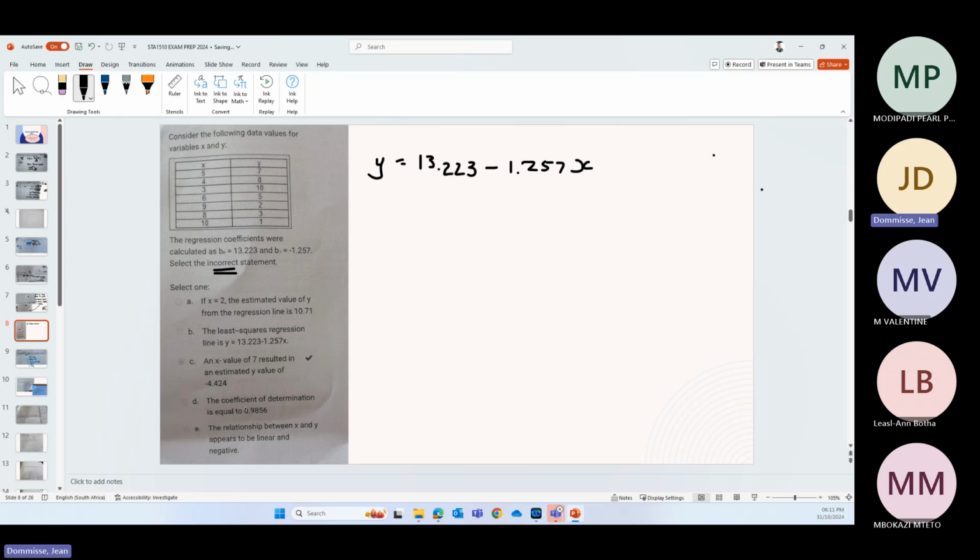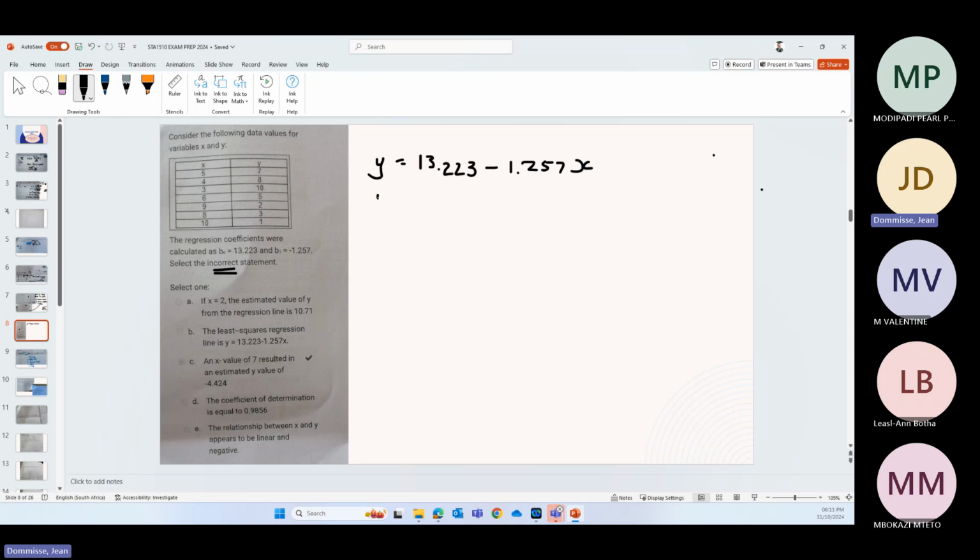Okay, so here they actually ask you the coefficient of determination, the relationship. But what I would do first is work with the things that we know you can work out, because there's a reason why they have given you all of these other things. So if x is equal to 2, the estimated value of y is 10.71.